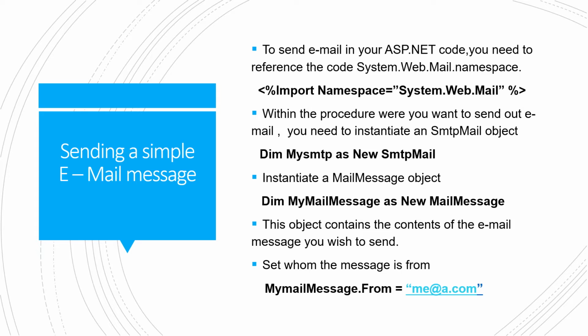You also need to instantiate a mail message object. Dim myMailMessage as new MailMessage. This object contains the contents of the email message you wish to send. Using the object, you set whom the message is from: myMailMessage.From equal to the from address.